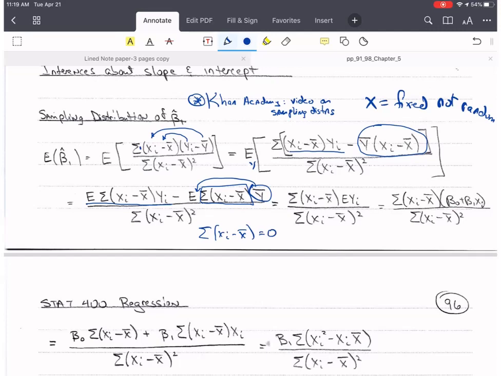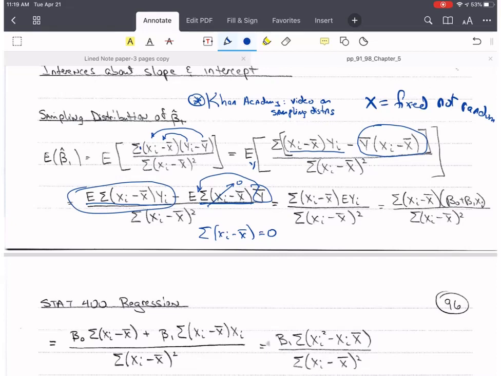Always. Okay? So that's something we learned in, I hope, elementary statistics. So I have a constant, so that can come to the front, and then this term comes to 0, so that whole thing is 0. And I'm left with this other side.